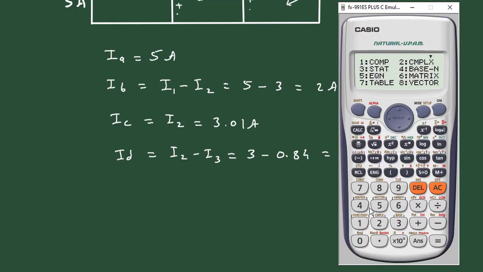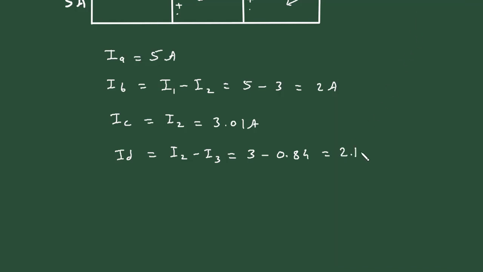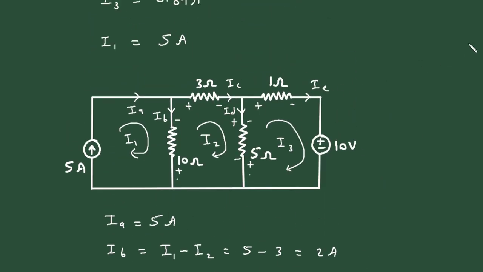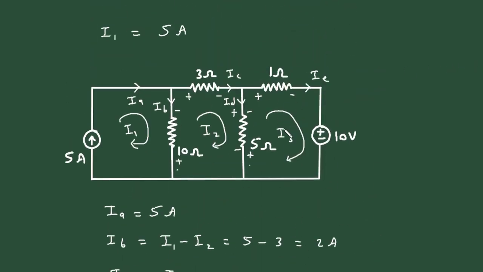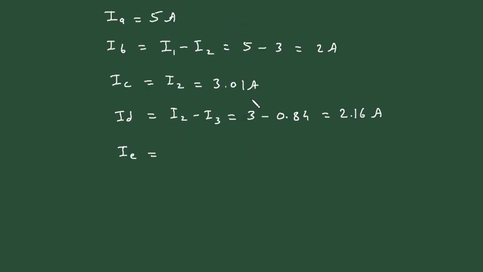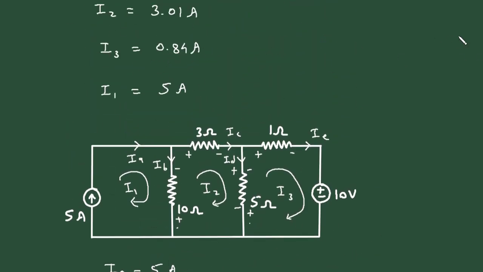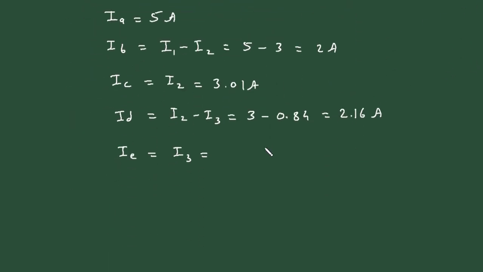So it will be 3 minus 0.84, so it is 2.16 ampere is the value of ID. Then IE is equal to, directly we can write I3, and it is 0.84 ampere. So 0.84 ampere is the value of I3 or IE.